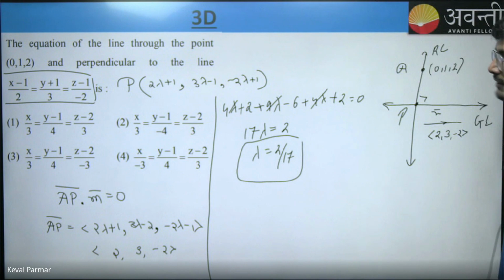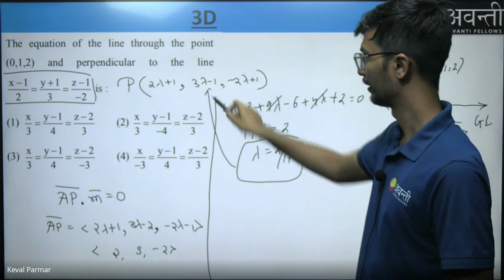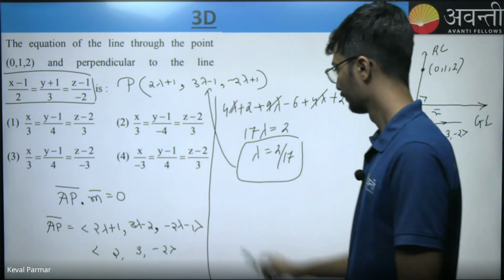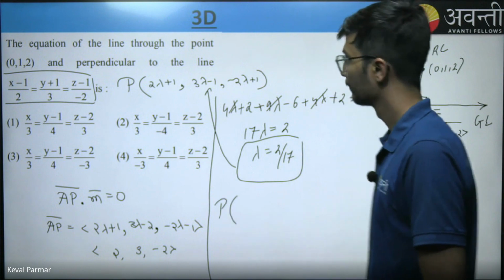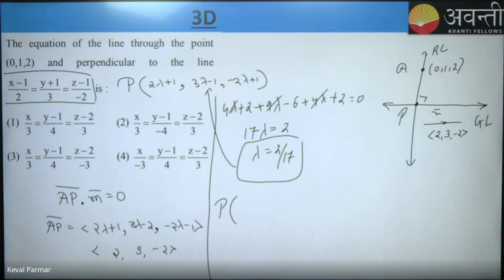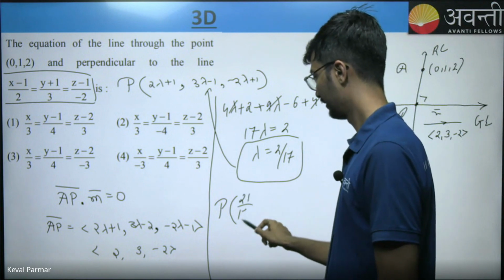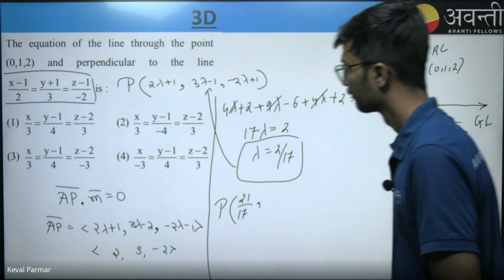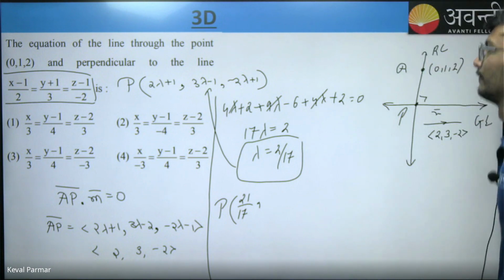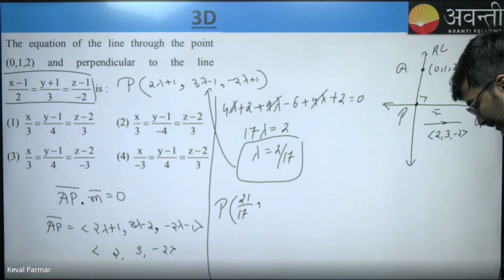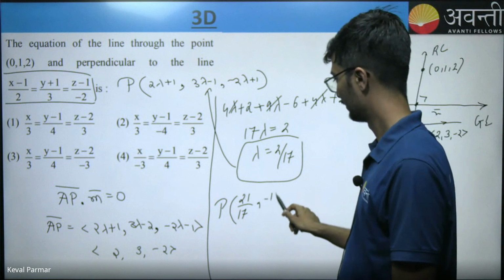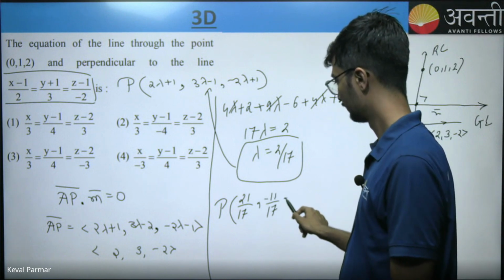Now if I substitute lambda here, I'll get the coordinates of P. What are the coordinates of P? 4 by 17 plus 1, so 21 by 17. 6 by 17 minus 1, so minus 11 by 17.